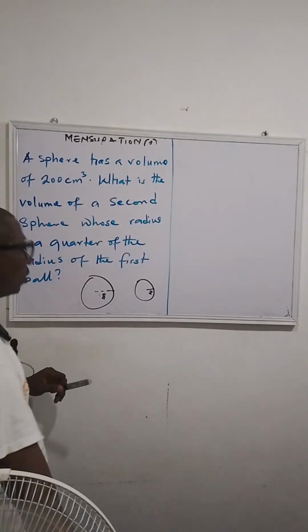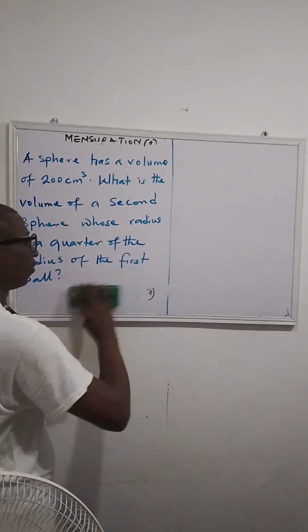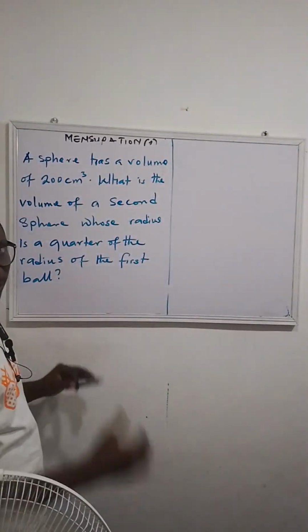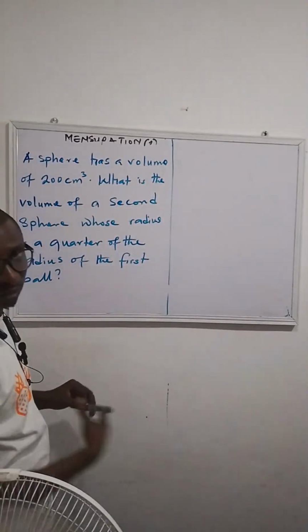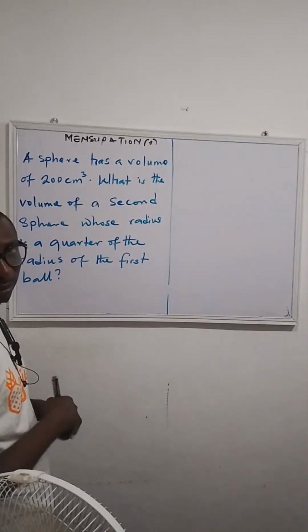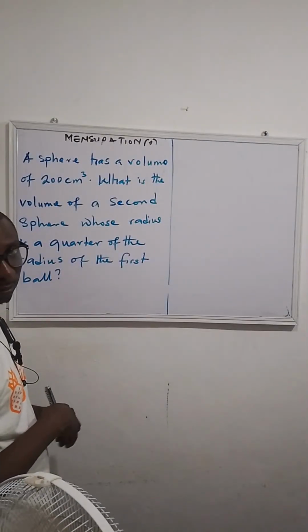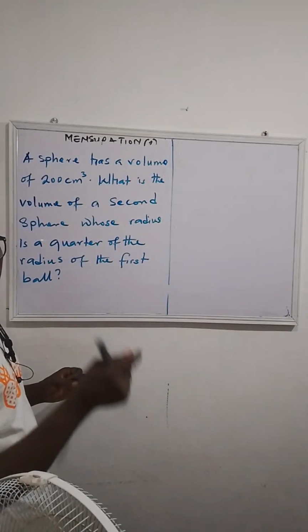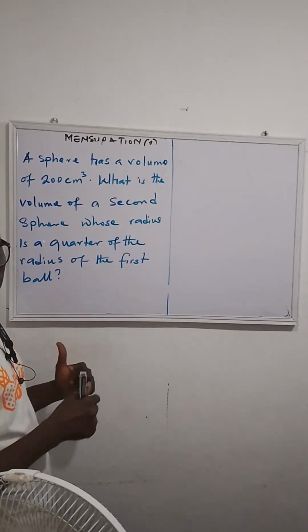So now you have the idea of the question. Let us find the radius of the first one. Once you get the radius of the first one, we just divide it by 4 and put it inside the second sphere, because the second sphere has a radius of 1/4 of that of the first one.